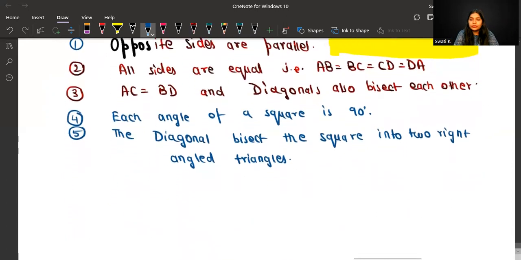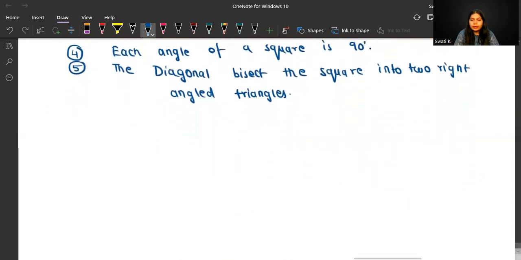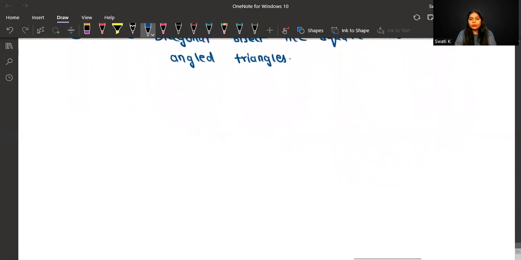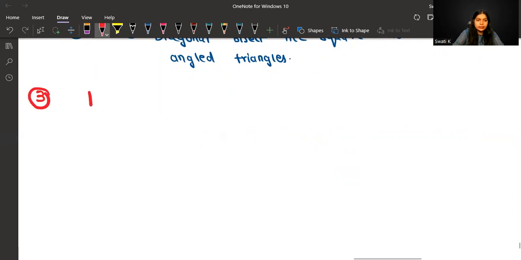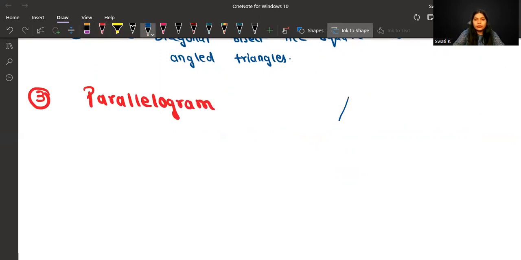Now we can go to the next one, and that is a parallelogram. So we will go to the third quadrilateral, and that is parallelogram. So first of all, let us just see the shape of a parallelogram. So this is the shape of a parallelogram. Okay.